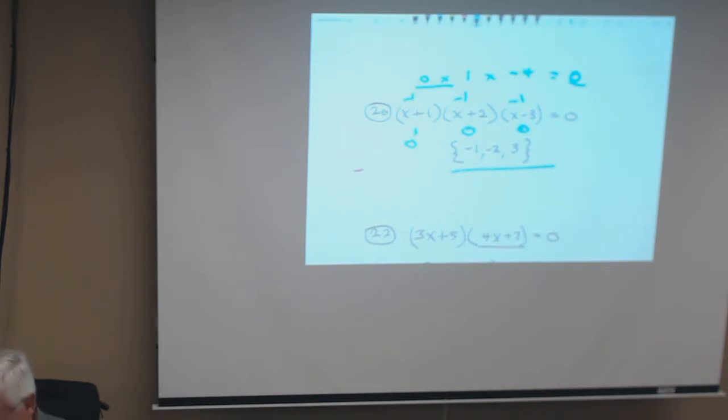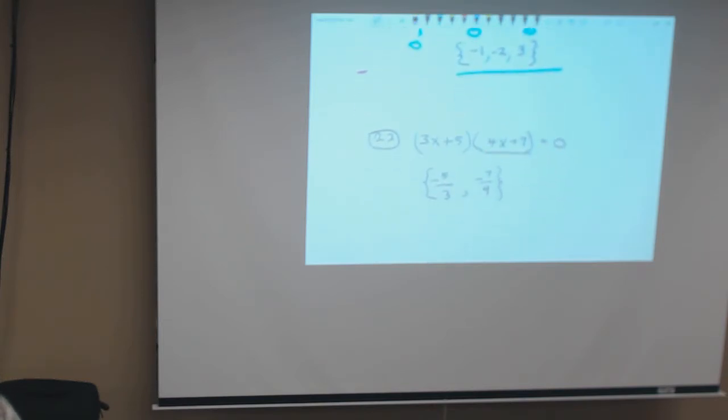It seems like what I've encountered with students is they sometimes were taught how to do this stuff without thinking about what's going on. Because it's like, how can you have more than one answer? Well, plug them in and see. But if you're multiplying three things and any one of those three could be 0, then you're going to have 3 different answers, 3 different solutions to the problem.